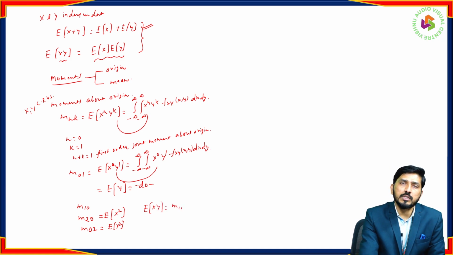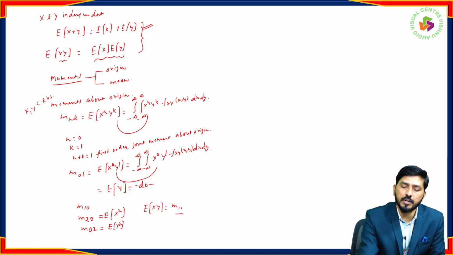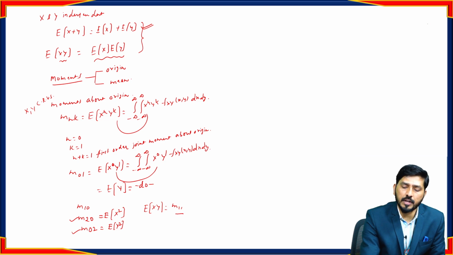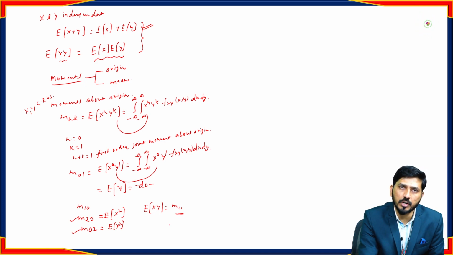So there are three second order joint moments in total: m_11, m_20, m_02. When you add n and k, based on the number you can consider it as the order of the joint moment. Here n plus k is equal to 2, and here also n plus k equals 2, so you name them second order joint moments about origin.